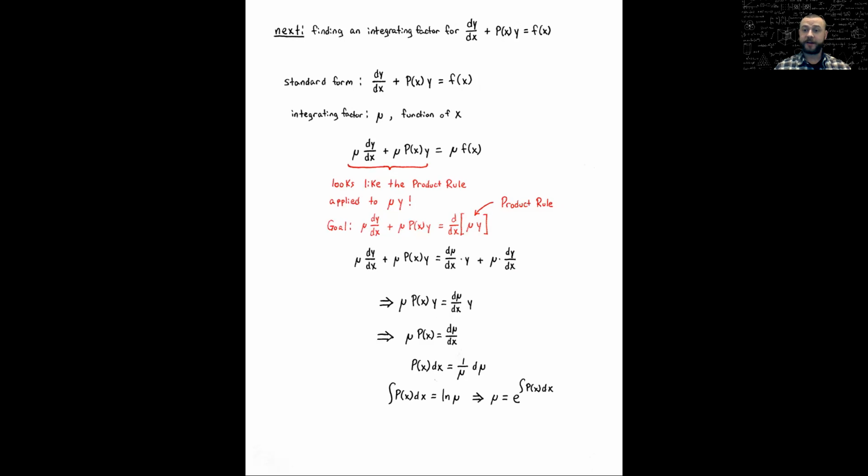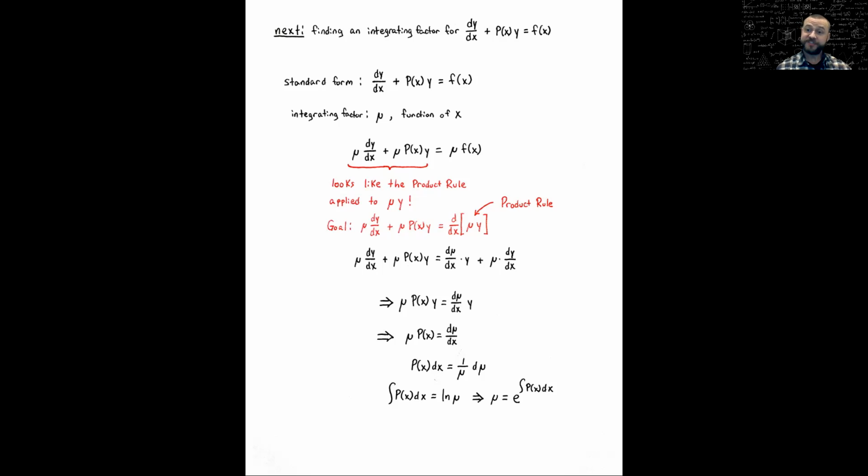All right, you want to multiply your dx to the left side, divide by mu, and if you integrate 1 over mu d-mu, that'll give you natural log of mu. To get an explicit formula for mu, exponentiate, and you'll get mu equals e to the integral of p of x.